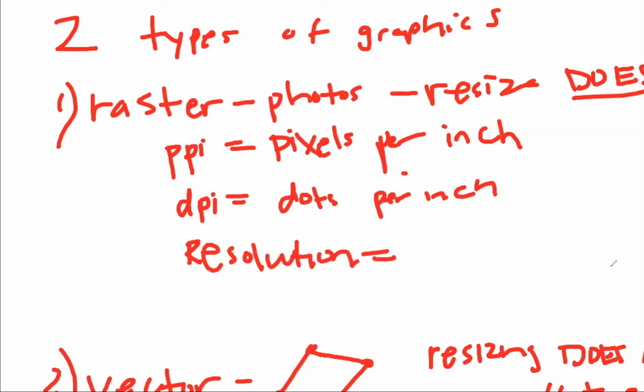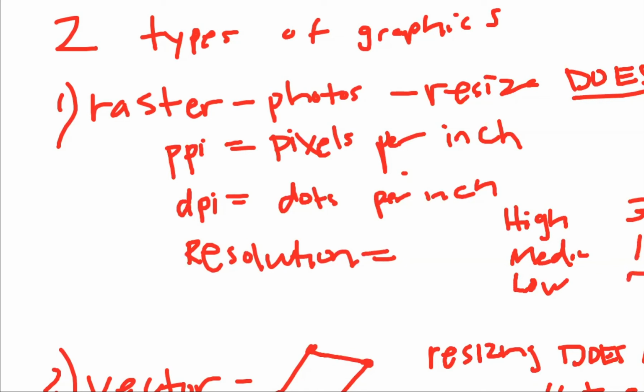And so you have 3 levels of it. You have high resolution or high res, you've got medium, and then you've got low. And that resolution is determined based on the pixels per inch. So for something to be considered high resolution, ideally it should have 300 pixels per inch. If something's medium resolution, it's going to have 150.